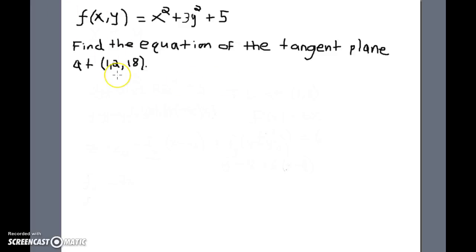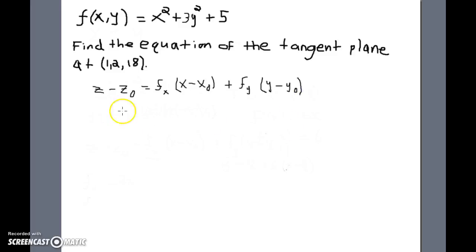So here's the equation of the tangent plane in 3D. It is z minus z sub 0 equals the partial derivative with respect to x times x minus x sub 0 plus the partial derivative with respect to y times y minus y sub 0.